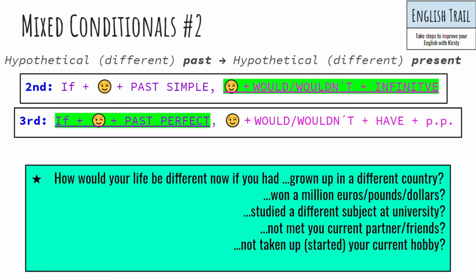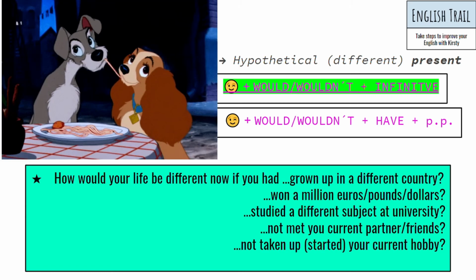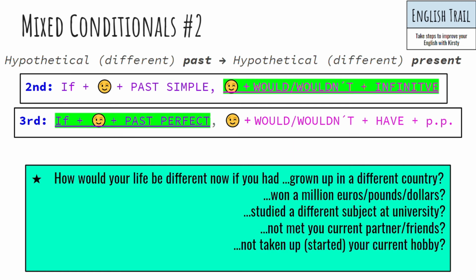You could also think about how would your life be different now if you had not met your current partner or your current friends. Maybe you would be doing totally different things. How would your life be different now if you had not taken up or started your current hobby?